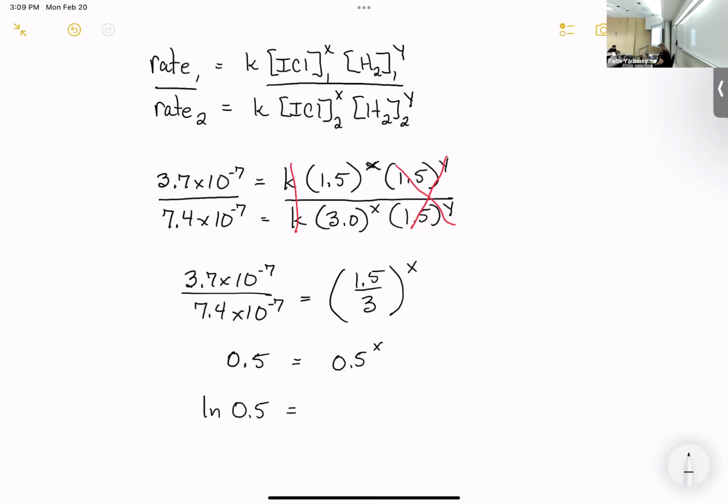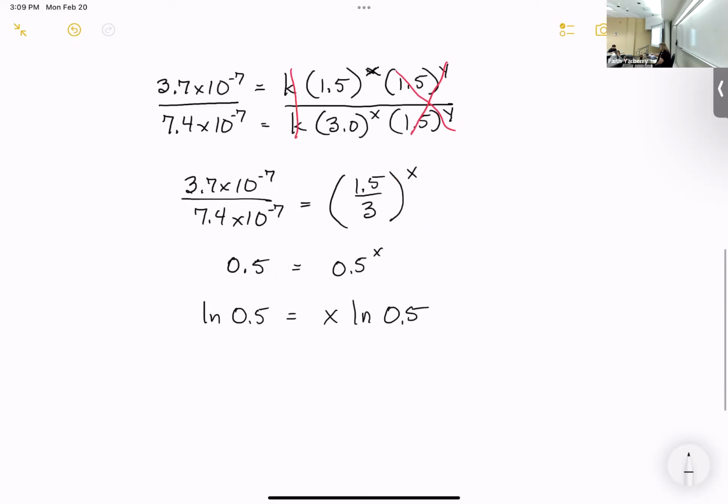When you take the natural log of the right-hand side, the x comes out in front. Then you can divide both sides through by the natural log of 0.5. And so our x would equal 1.